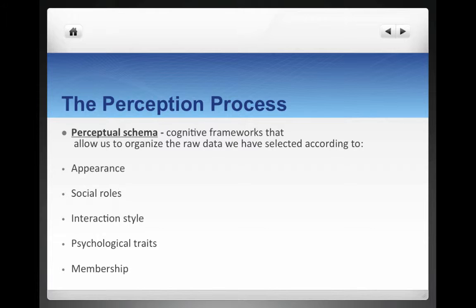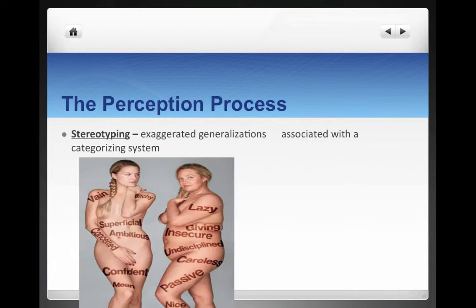For example, those two women: the one on the right, we can call lazy, insecure, passive. And the one on the left, we call superficial, ambitious, confident, and so on and so forth. So during the organization process of perception, we create stereotypes.